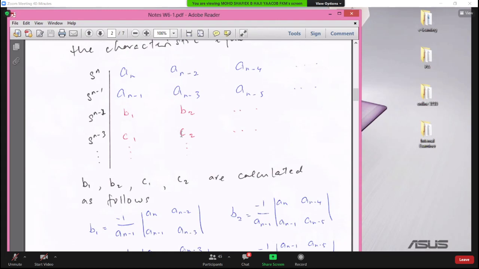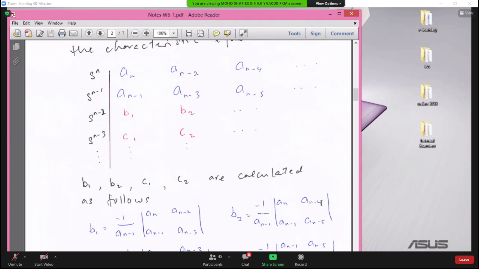Again, to compute B2, the multiplier is the same. The multiplier for B1, B2, B3 is the same. It is always -1 divided by an minus 1. The first column of the determinant is also the same for B1, B2, B3. The first column is always an, an minus 1. It doesn't change.